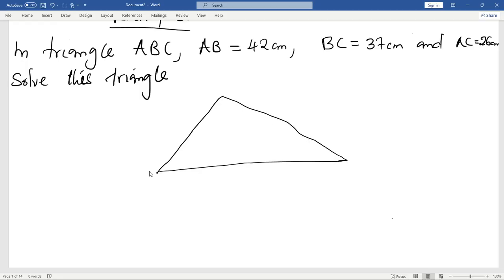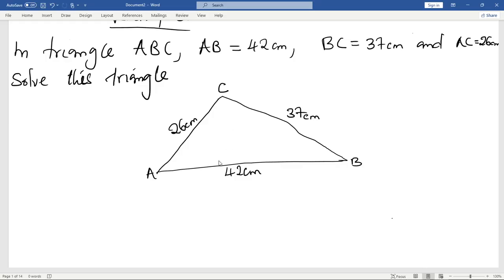If this is our A, this is our B, and this is our C, then we've been told that AB is 42 centimeters, BC is 37 centimeters, and AC is 26 centimeters.